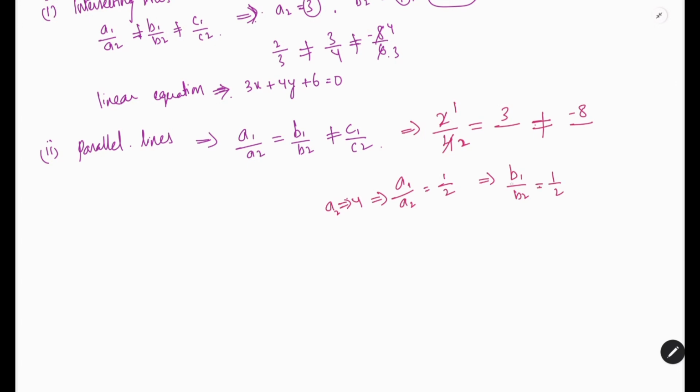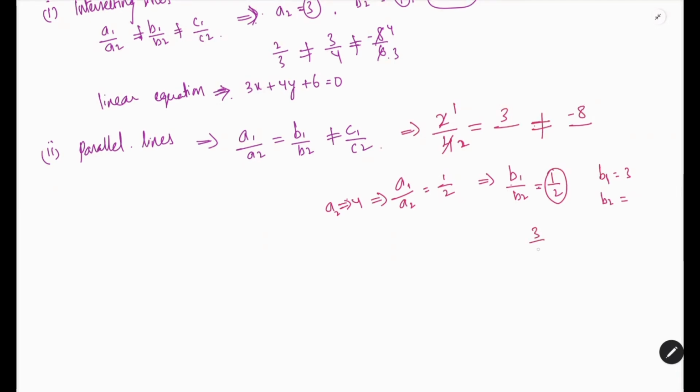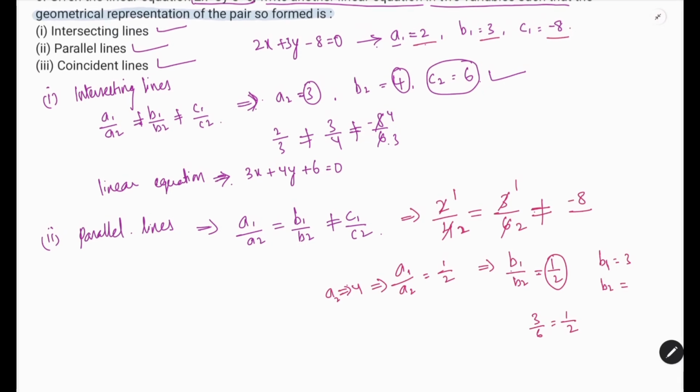If b1 is 3, then what will be the value of b2 so that the ratio will be 1/2? 3/6 = 1/2. So b2 will be 6. Now c1/c2 should not be equal to 1/2, so c2 should not be equal to -16.